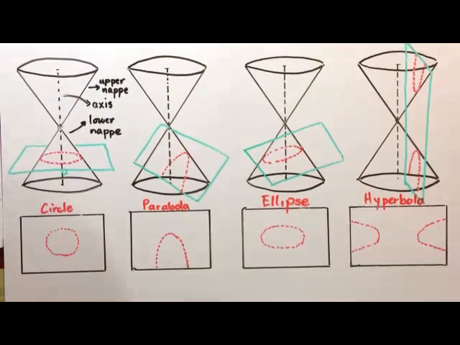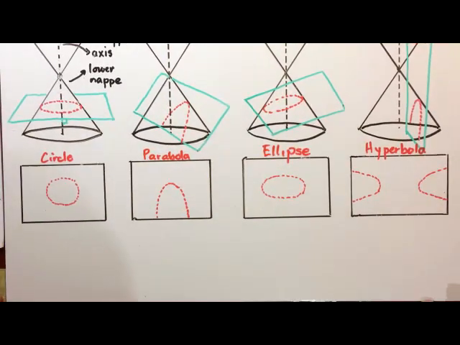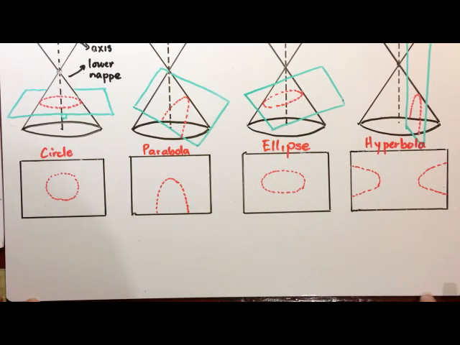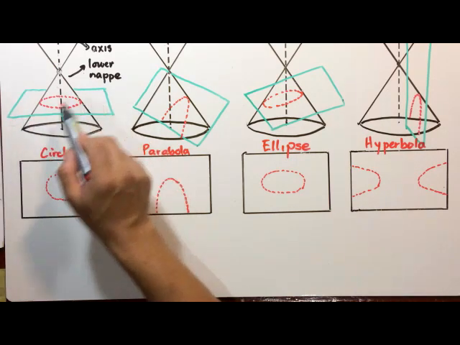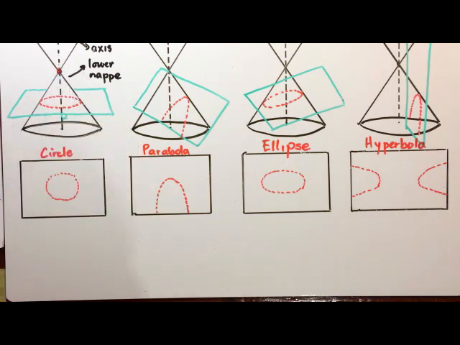However, there's a special case here. When the cutting plane intersects at the vertex here, what figure can you form? You form just a point. And what do we call this figure?